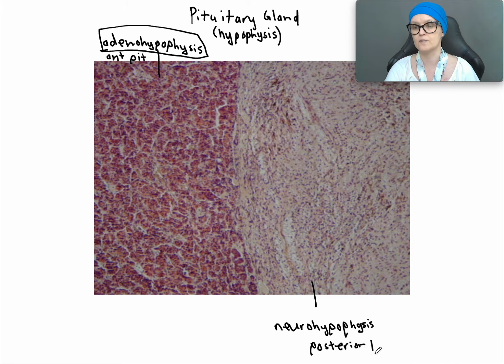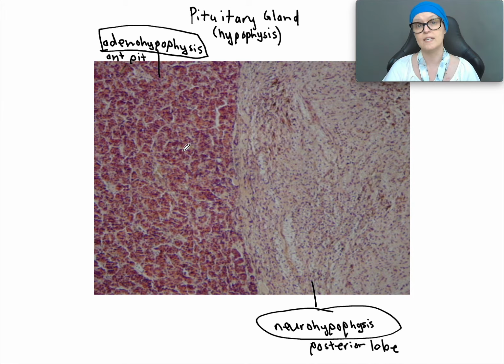Or what in lecture for test 2 I will call the post pit. But for the lab test, you need to put neurohypophysis. So the darker part is the adenohypophysis and the lighter part is the neurohypophysis. But if it says name the organ, then you say pituitary gland. You got it.